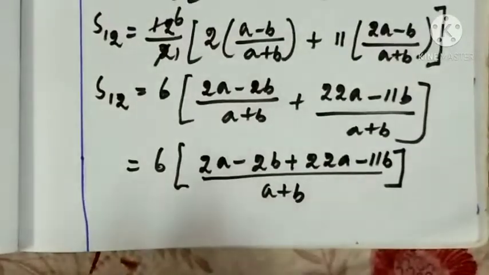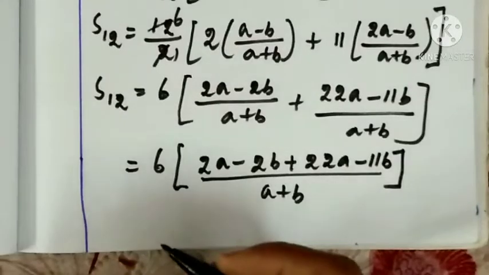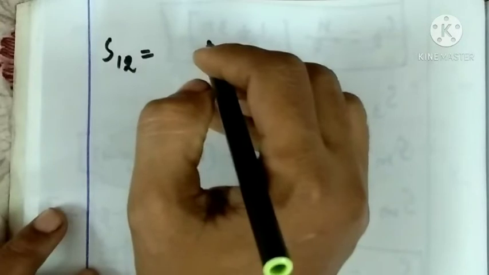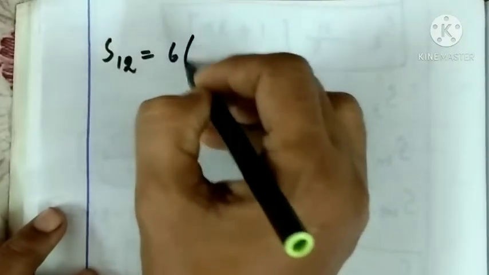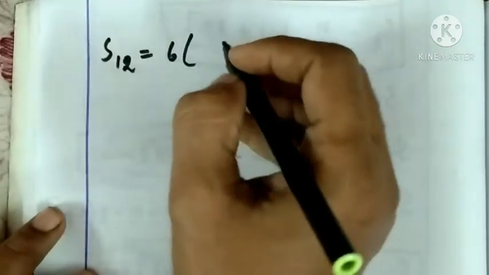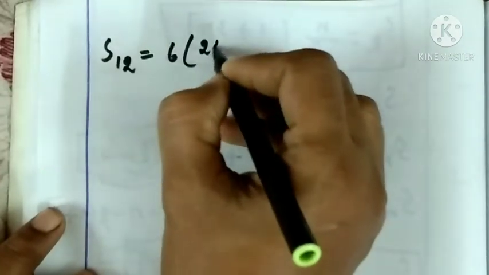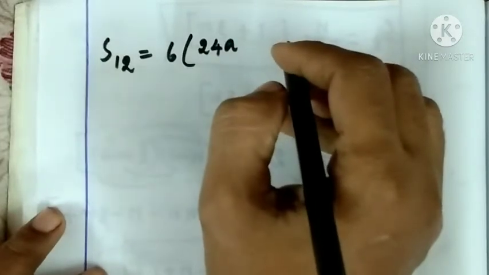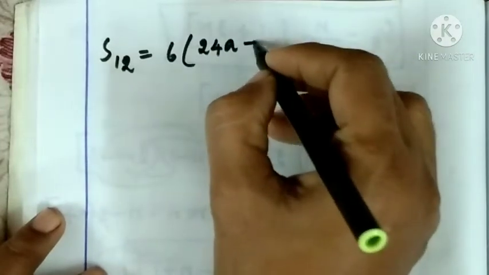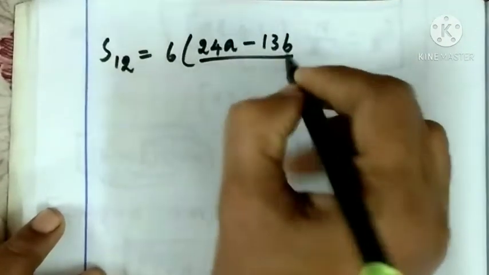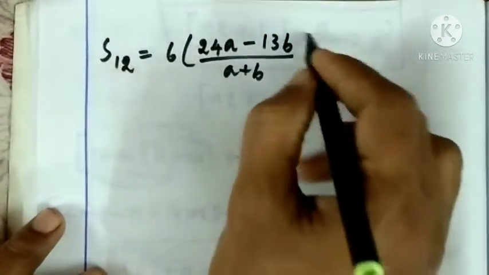Now you have to simplify the like terms, that is S12 is equal to 6 into 2a plus 22a, we have 24a, minus 2b minus 11b, we have minus 13b, by a plus b.